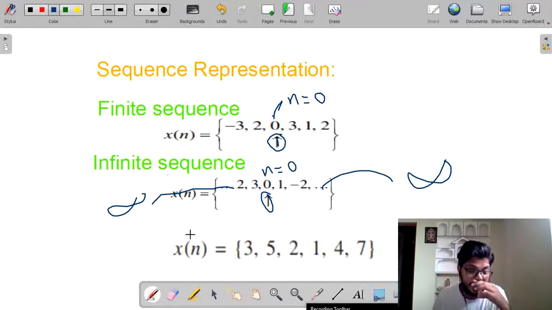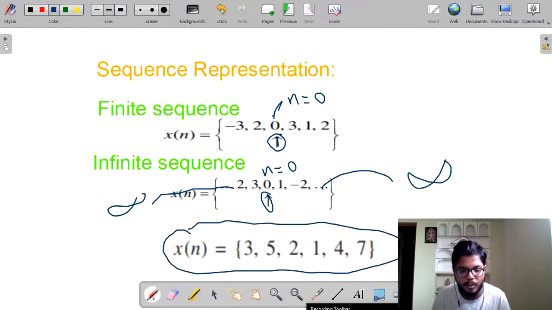And the final case, x of n equal to some signal I have given. What is the length of the signal? Everybody calculate: 1, 2, 3, 4, 5, 6. So the length of the signal is 6. Is an arrow mark given here?